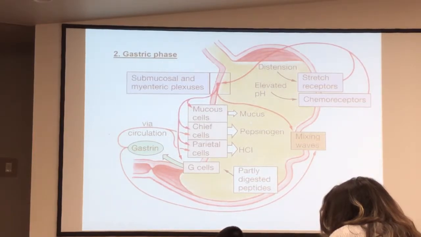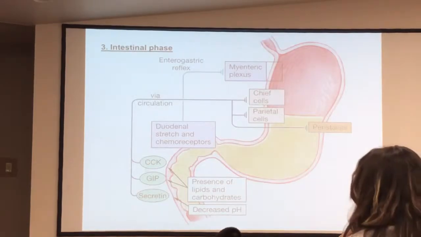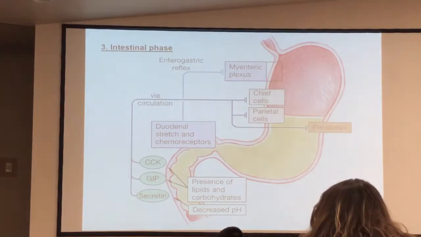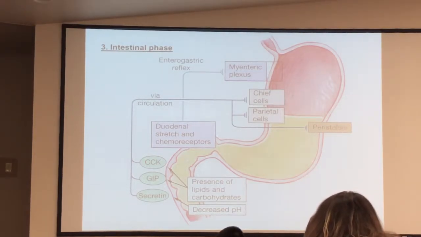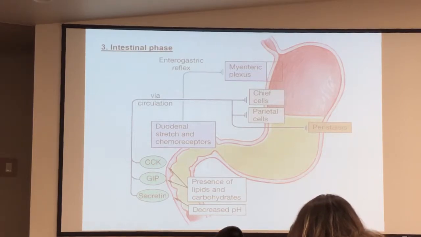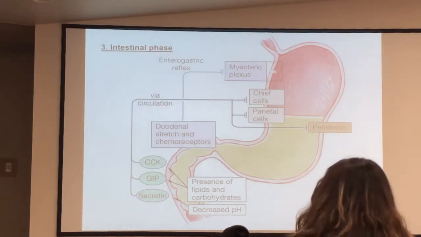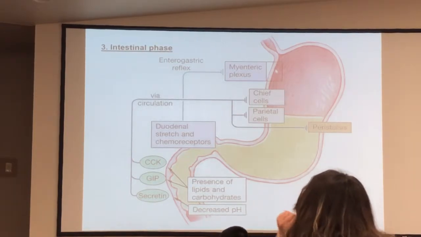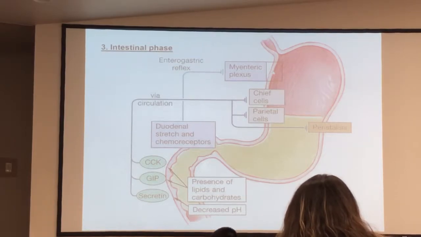Then the gastric secretion will start to slow down, and when food moves out through the sphincter, the small intestine duodenum will produce actually more than three hormones called CCK, GIP, and secretin, and they all inhibit all the cells in the stomach, inhibit the neuron reflex and muscle contraction.